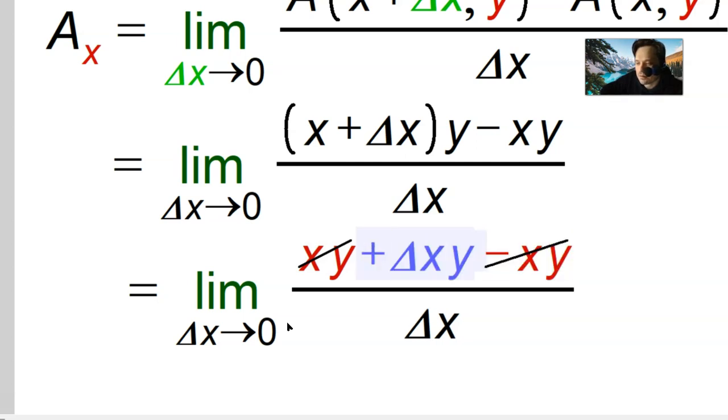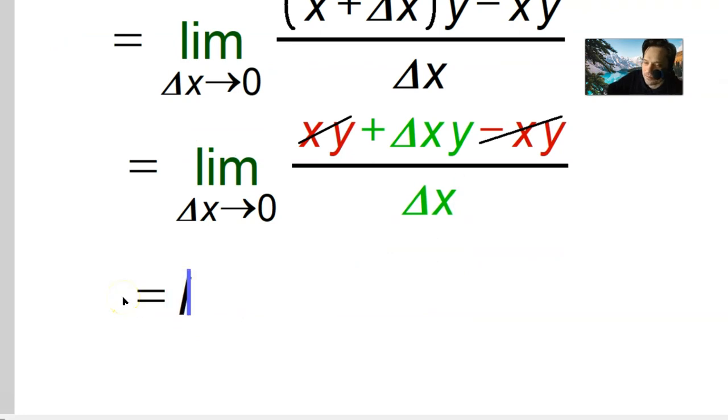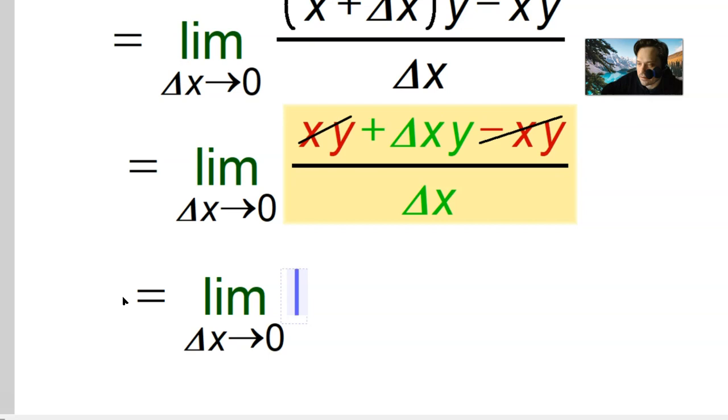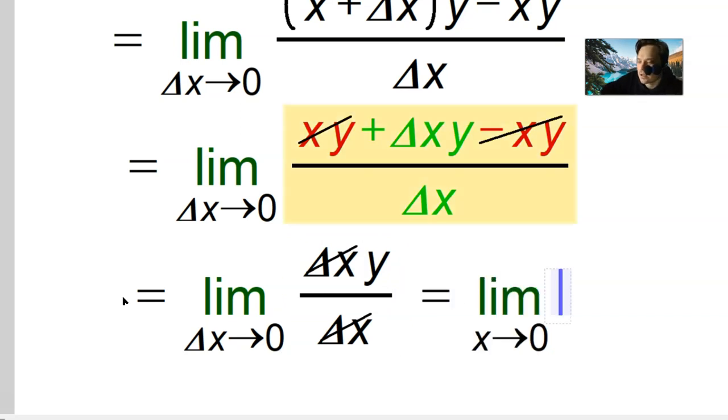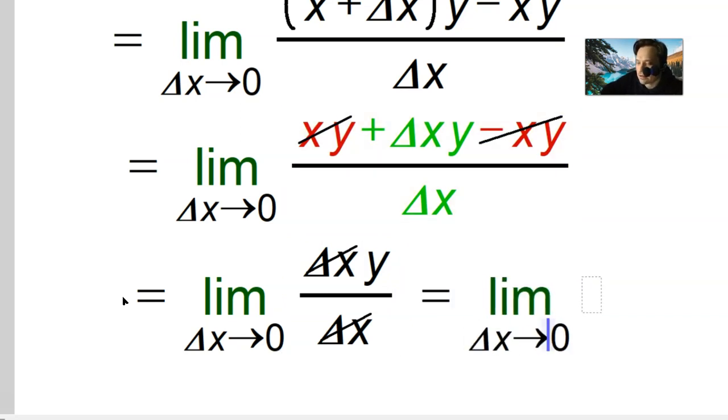All that will remain will be delta x y over the delta x on the bottom. I hope you got that. Now look what happens. It's then the limit, as delta x goes to 0, of delta x y divided by delta x. But now, this here will cancel with this here. In fact, all that remains is the limit as delta x goes to 0 of y, which is then just equal to y, right here.